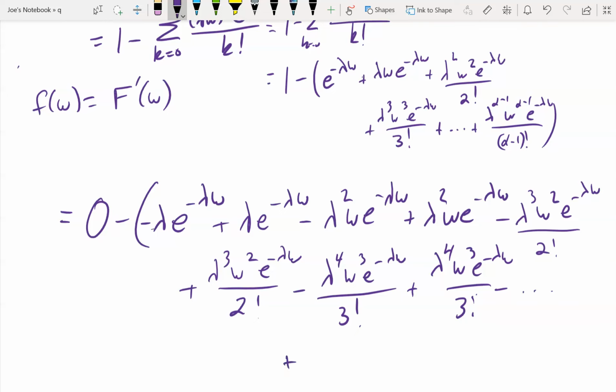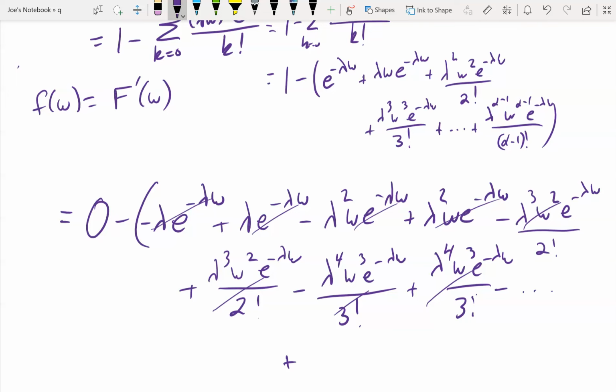So we agree that all of these terms here in the middle are going to cancel, right? What's going to be the only thing that survives? The very, very last one when we differentiate the e to the power, right? Because notice that every time we differentiate the w to a power, it's canceling with the previous one, right?